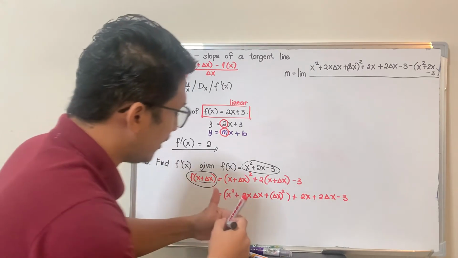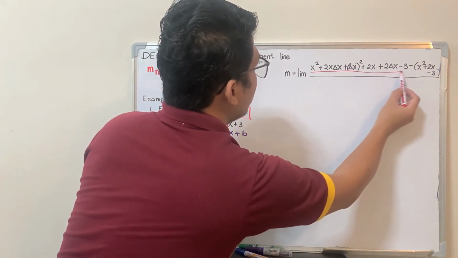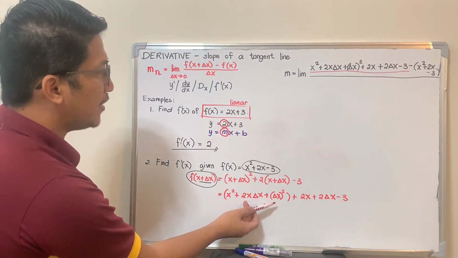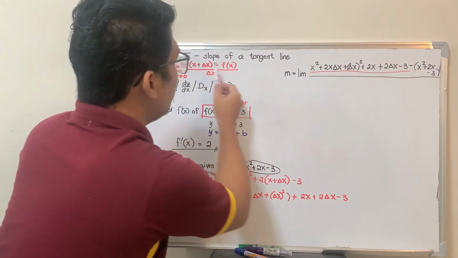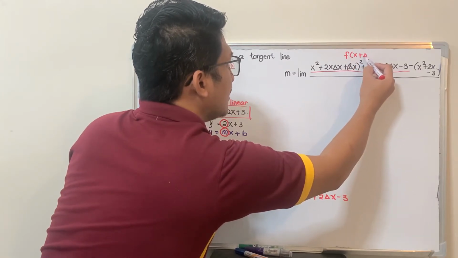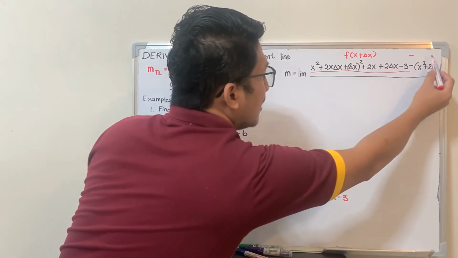I will get this up to the minus 3. This is the equivalent of f of x plus delta x, which is this one, plus delta x. Then minus, which is f of x.